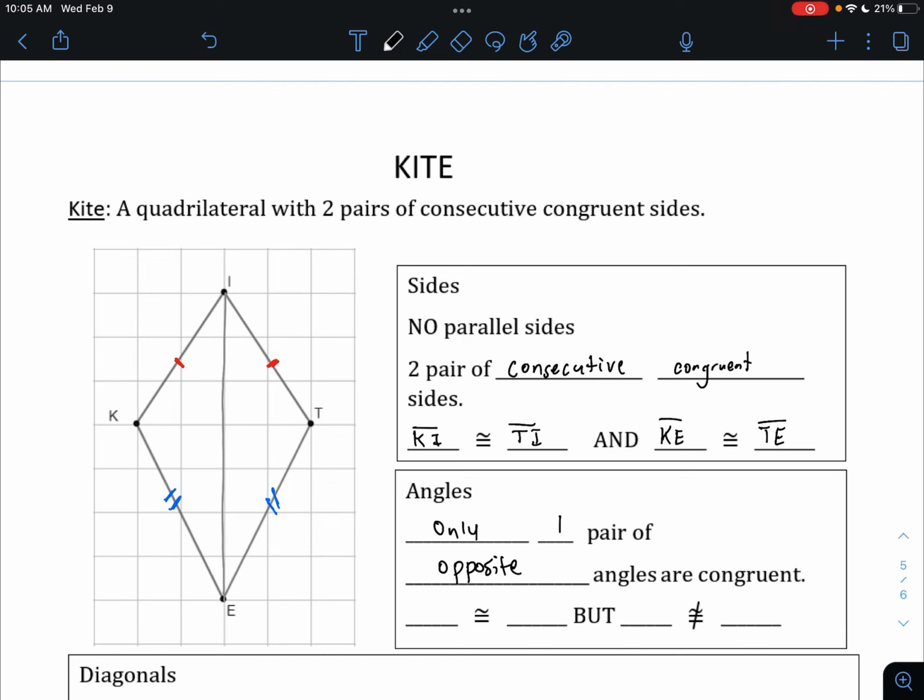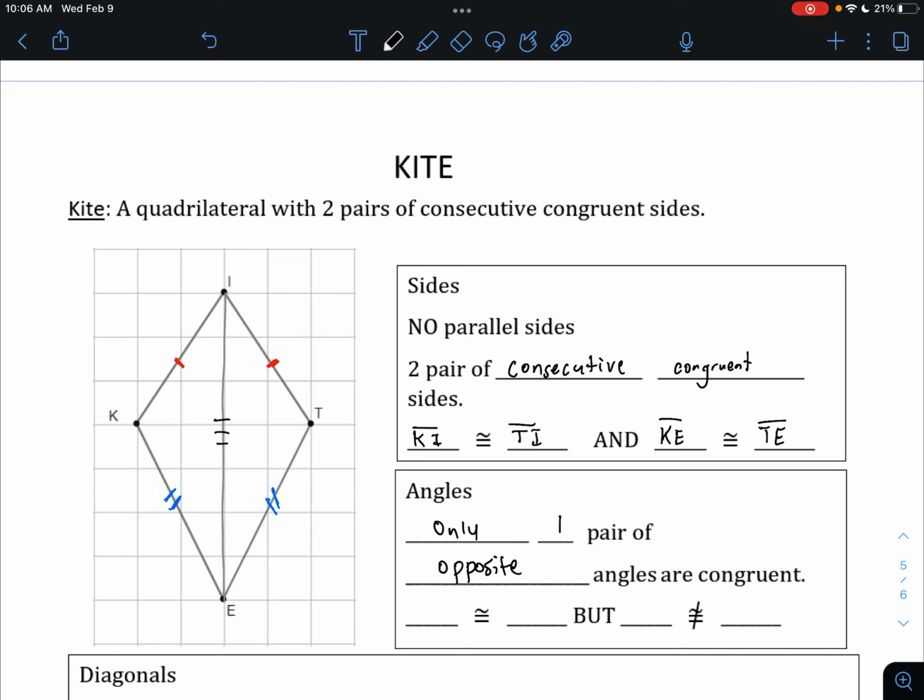I'm also told, or rather I know, that since this is a shared side in the middle, that side is the same as itself. So, by the side-side-side congruence theorem, triangle KIE and triangle TIE are congruent.